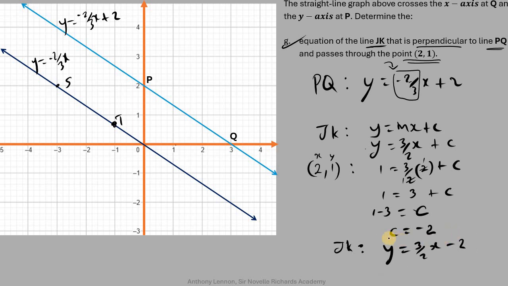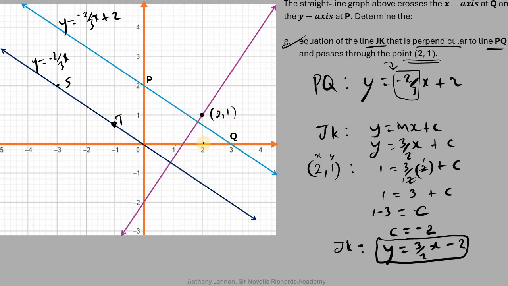Now, let's look at this on the Cartesian plane, or coordinate plane. So here we're seeing JK passing through the point 2, 1, meaning it's at 2 on the x-axis and 1 on the y-axis.